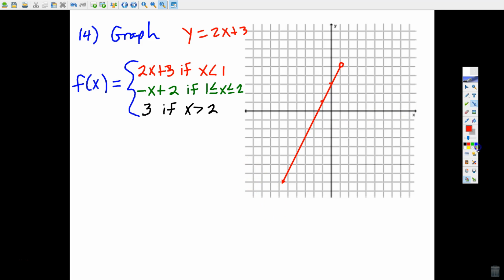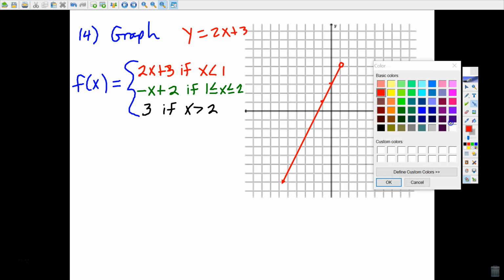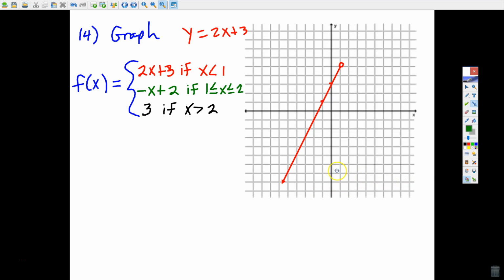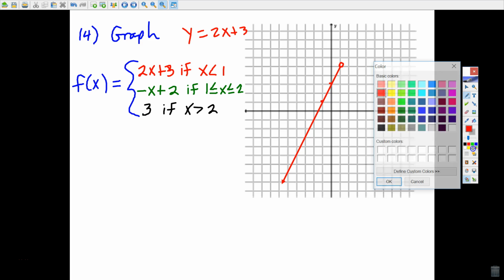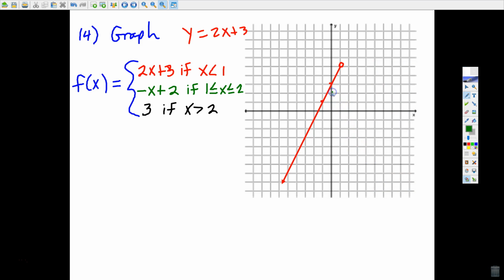All right, 1 piece down, 2 to go. Josh, can you help me out with y equals negative x plus 2? Down 1, right 1. Okay. Or you could do up 1, left 1. Now, I'm only showing this part of the line for x values between 1 and 2.